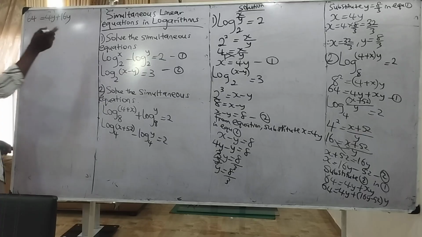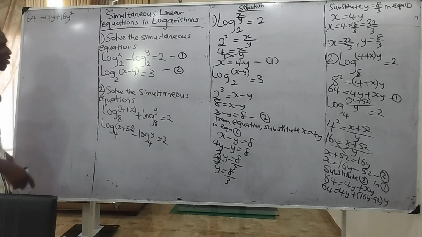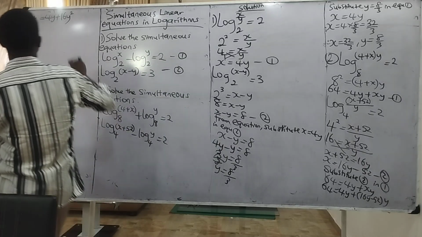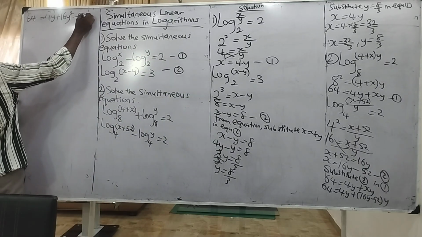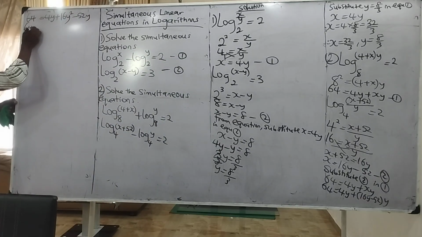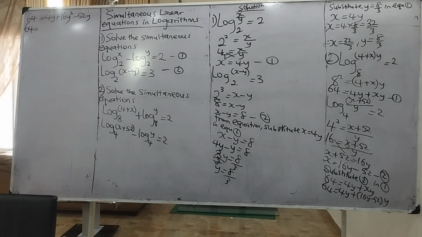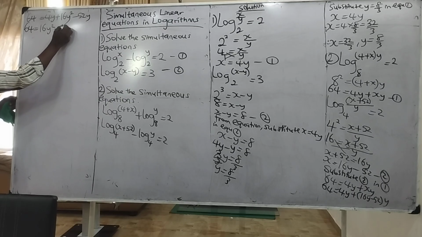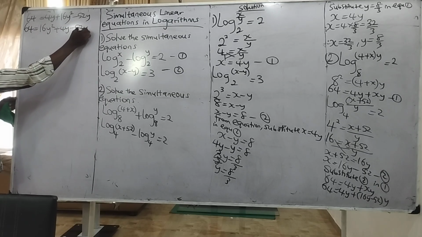This will lead to a quadratic. 16y squared, then this one is minus 52y. So 64 is equal to 4y minus 52y, let me bring them together: 16y squared plus 4y minus 52y.